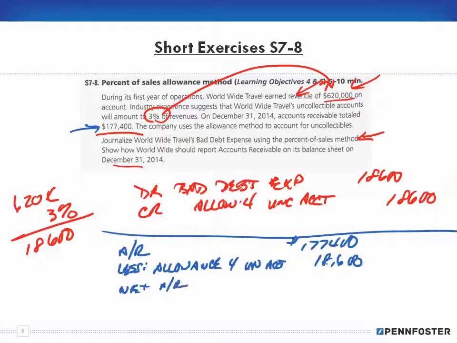accounts receivable. And notice what I'm doing, and we've talked about this in the last video, yes, I could just put the 158,000, sorry, I could put the 158,000 right here, all right?